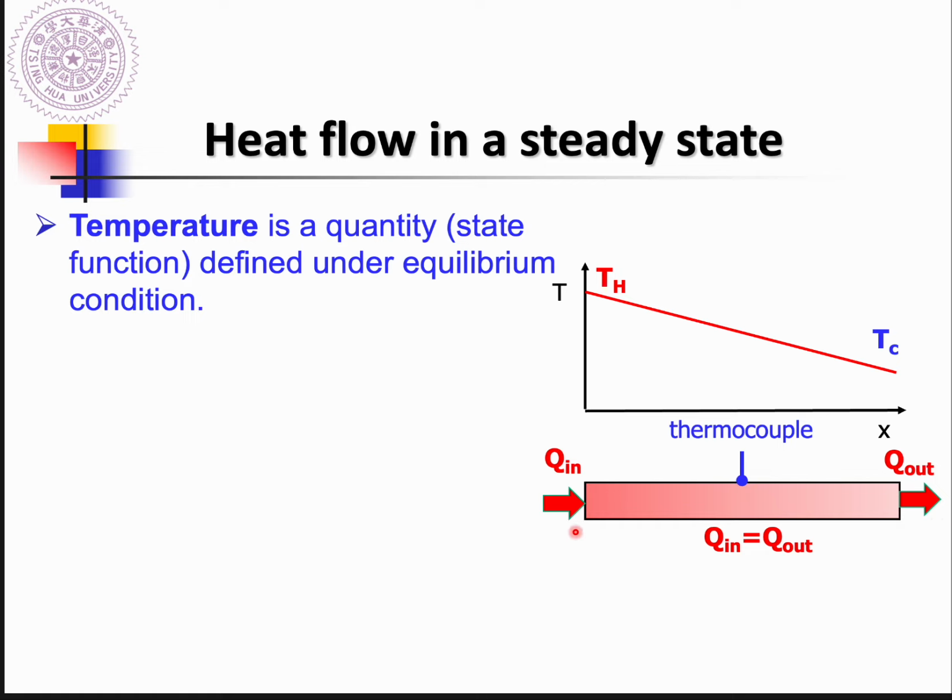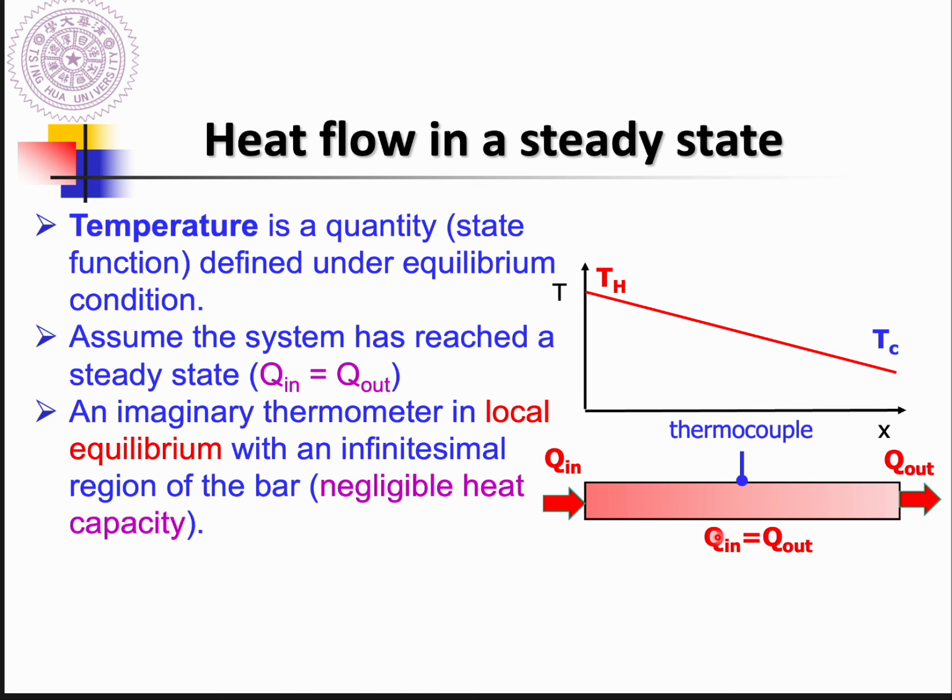This heat reservoir will supply the heat, and the cold reservoir will absorb the heat. So as long as the heat in equals the heat pumped out, this system will reach the steady state. At this moment, when you use a thermocouple to measure the temperature distribution along this metal bar, you will get this curve.